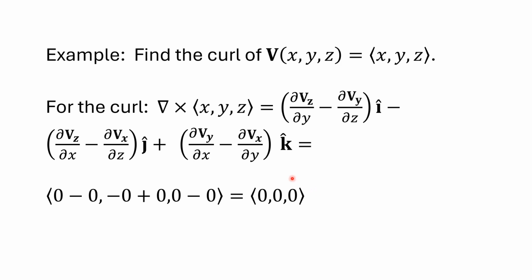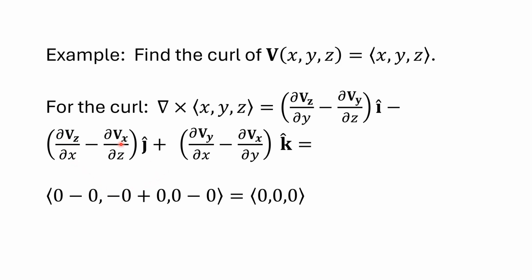So we're going to want the partial with respect to y of Vz, and that will be 0. And the partial with respect to z of Vy, that's 0. We have the minus sign, and the minus sign will, partial with respect to x of Vz is 0.